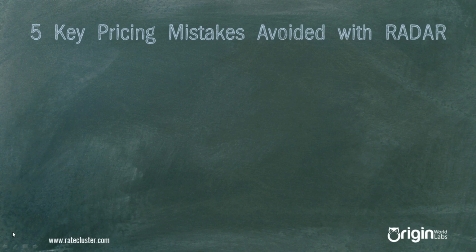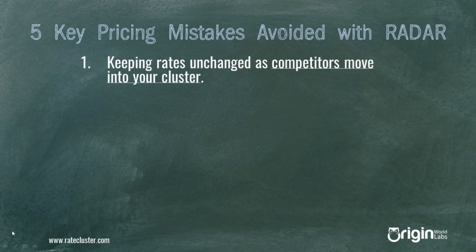In general, there are 5 key pricing mistakes that you can avoid by doing a proper market set analysis with Radar versus a traditional comp set analysis. The first is keeping rates unchanged as competitors move into your cluster. For example, a 3-star hotel would probably want to adjust rates if many 4-star hotels move into its cluster.